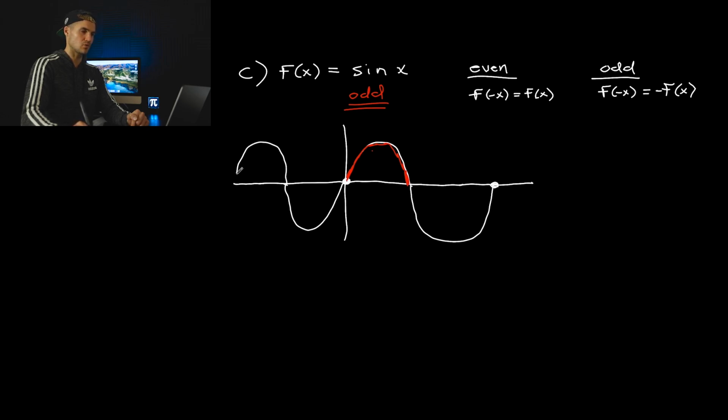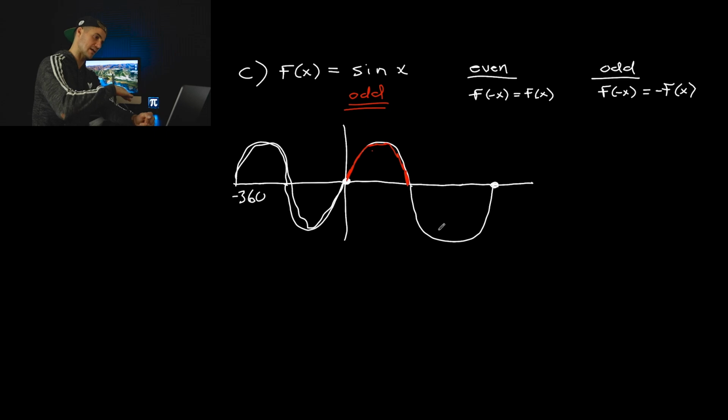The property still holds. If I take this whole thing, reflected about both axes, I would end up with this other half right here, and this would end at negative 360. And then this keeps going infinitely towards negative infinity and positive infinity. So graphically, you could tell that the parent function sine x is indeed an odd function.